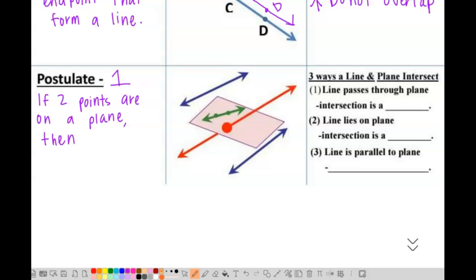If 2 points are on a plane, then so is the line containing them. Which, if you're in this class, you should already know that, right? With 2 points, you can create a line.